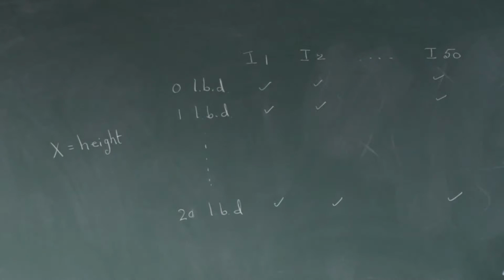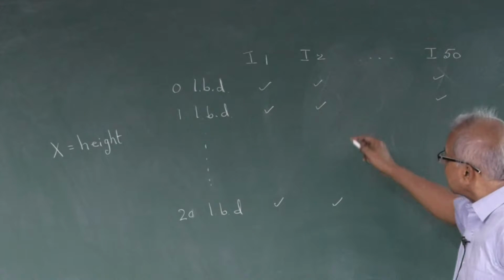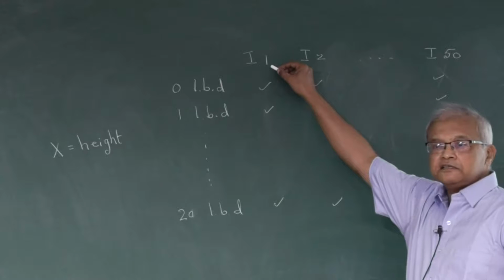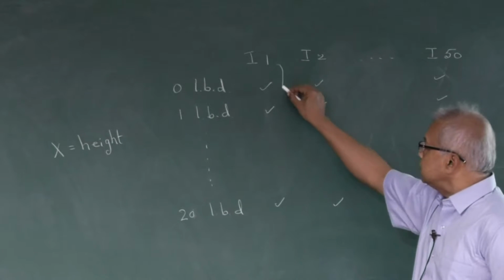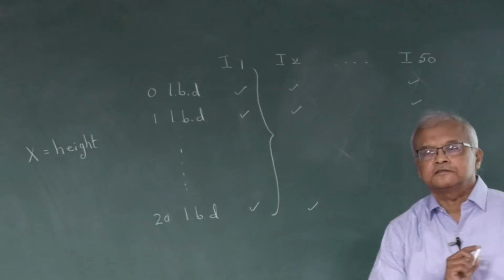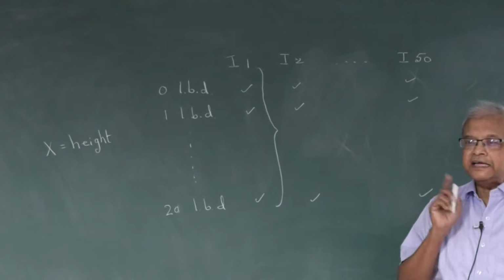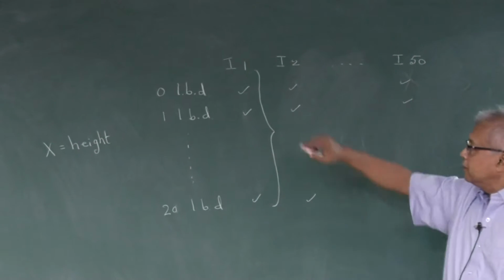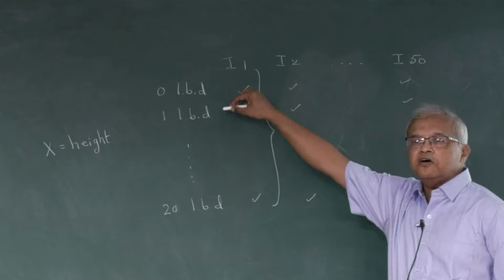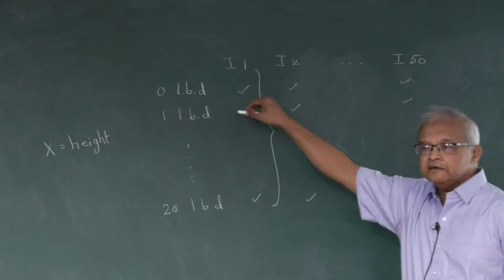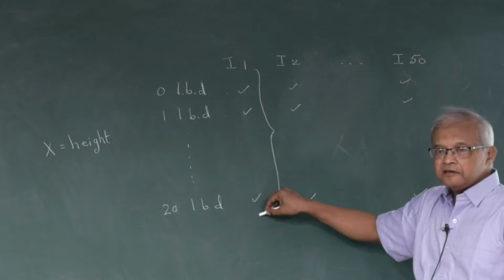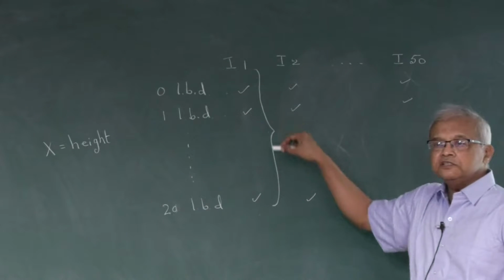Now if I look at one child here, over 20 years, what do I get? I get the height of the child at each year of his or her age. So I get 20 observations on the child.